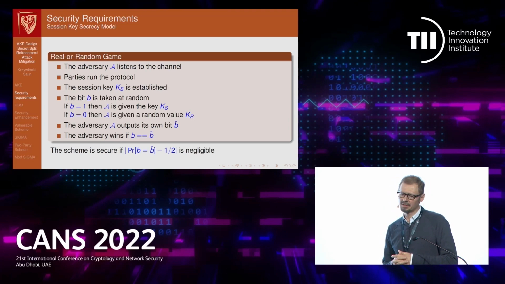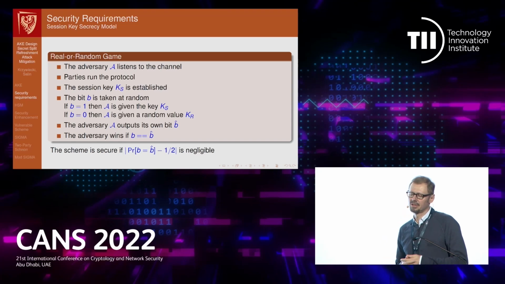The bit taken by the challenger is 1 when the real session key is given to the adversary, or when the bit drawn at random is 0, then the random key is given to the adversary.